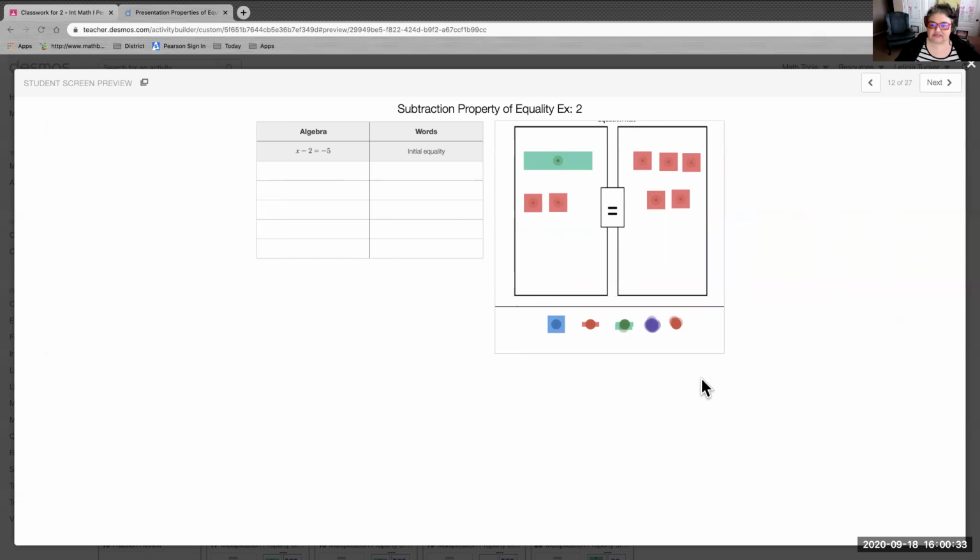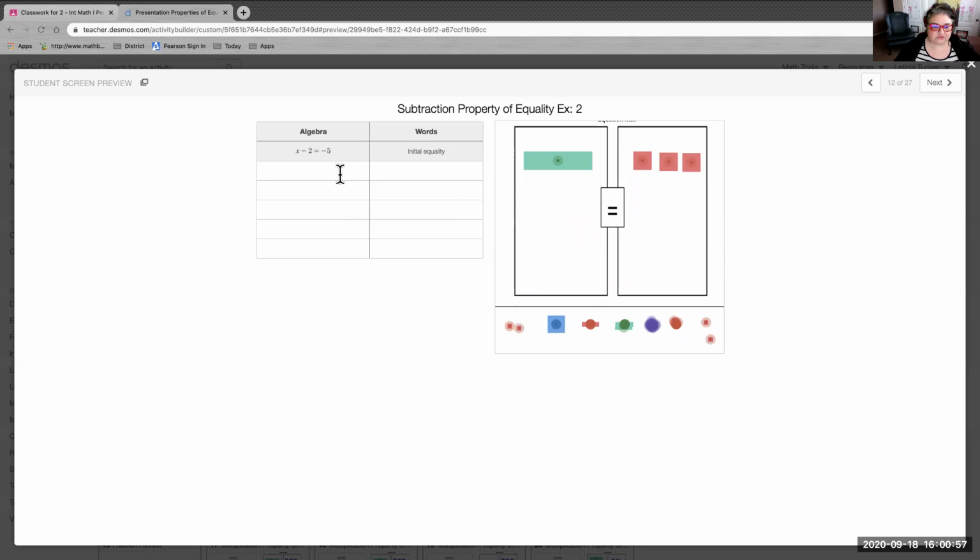Okay, notice here I have reds on this side and reds on this side. I only have 1x, so I'm not going to worry about those. What I want to do is I want to get rid of these. But since I have x's on both sides, I can just take these out. I can take 2 negatives here and 2 negatives over here.